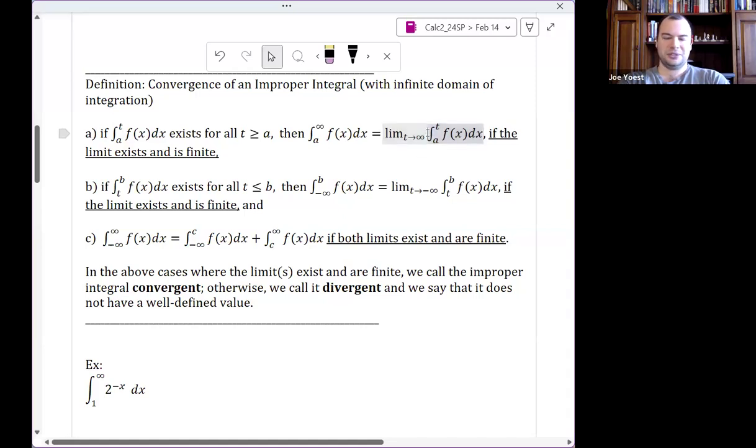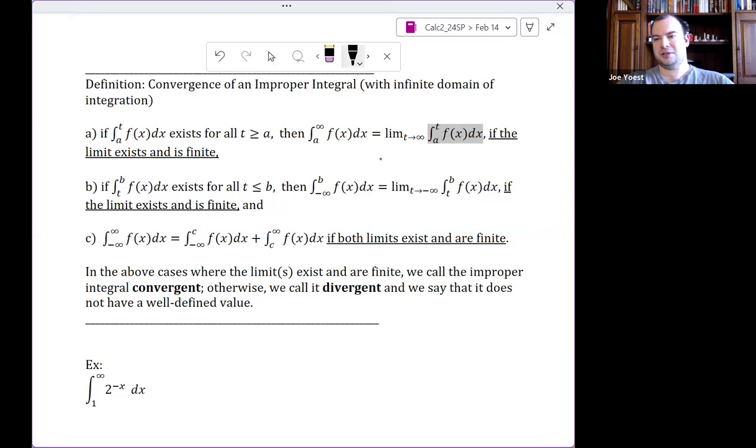So what we would do procedurally is we would compute integral a to t f of x dx. The variable x goes away, right? That integrated out, but that gives us a new variable t for that upper bound. So this is going to be a function, let me call it maybe g of t. And then I'm going to take the limit of g of t as t goes to infinity.